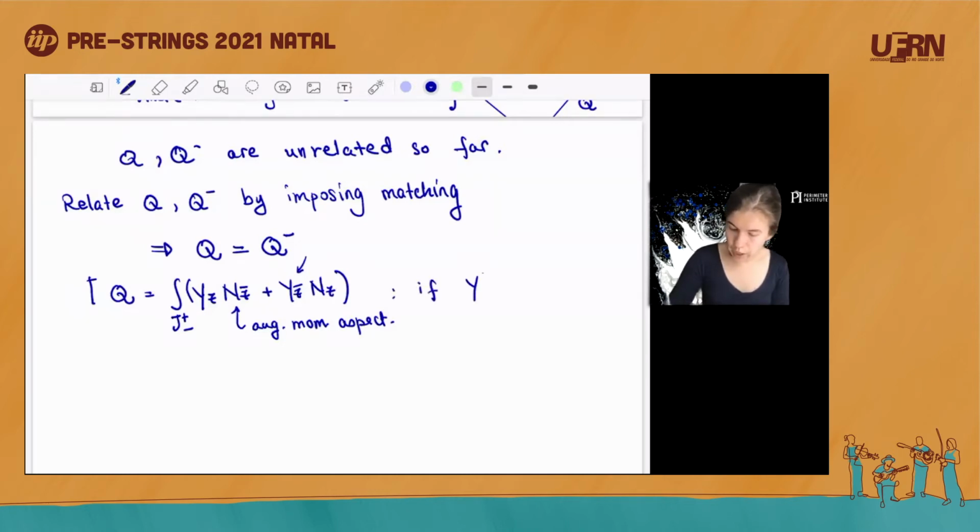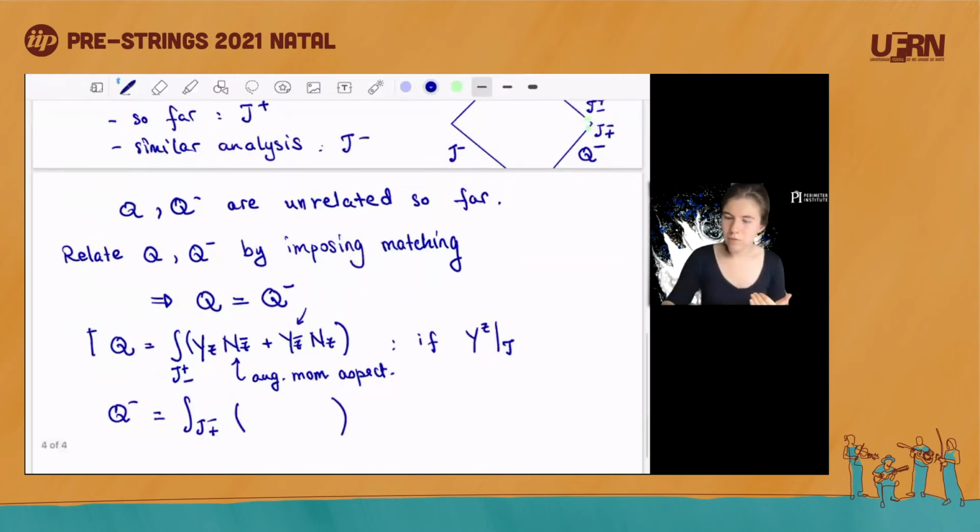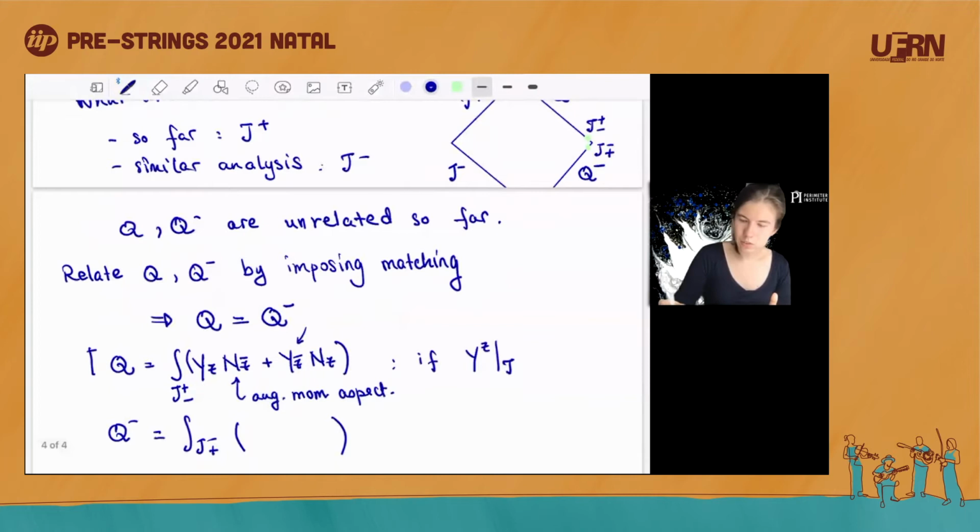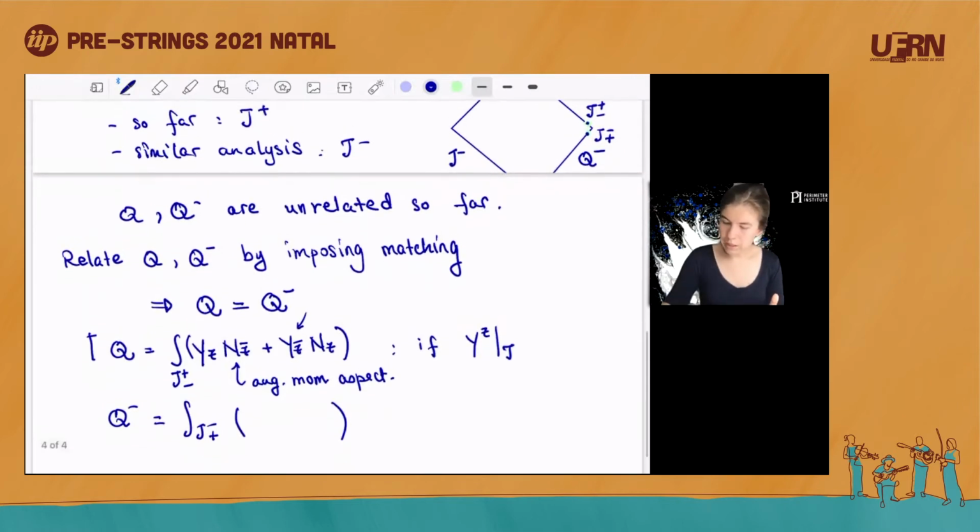There is a similar expression at Scri minus plus. If one imposes that both yz and nz match across spatial null infinity, so that they match at Scri plus minus and Scri minus plus, we have yz at Scri plus minus equal to yz at Scri minus plus. But by this equality, I mean antipodally.